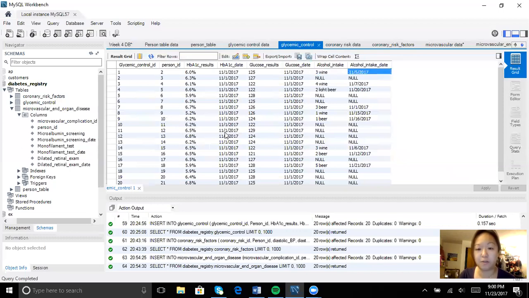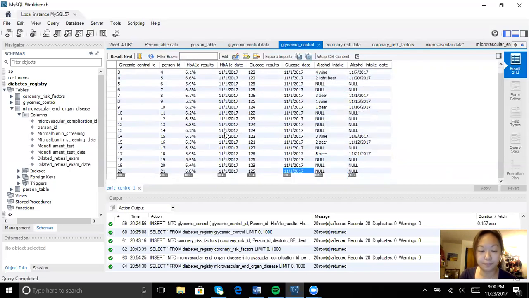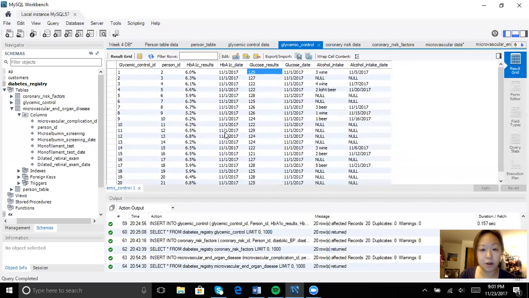So for example, on November 5th, this person had 3 glasses of wine and 2 light beer. And then people that didn't drink are null values. So all the dates I specified, like the columns are date columns and they all are November 1st. That results were done.